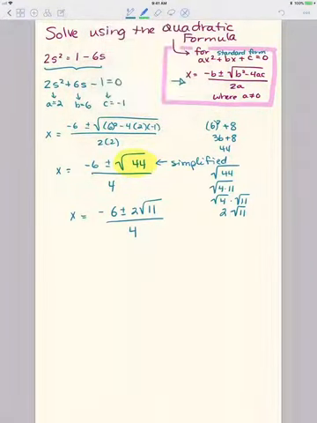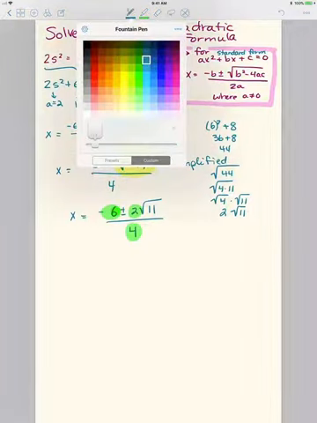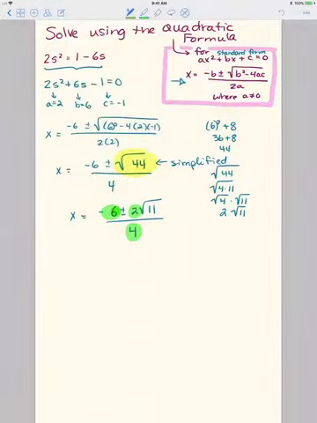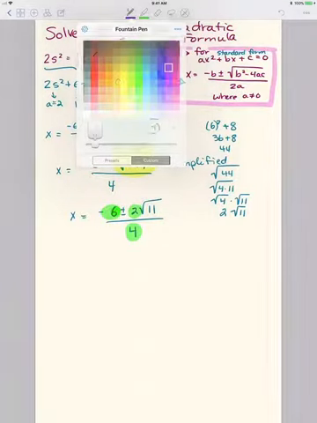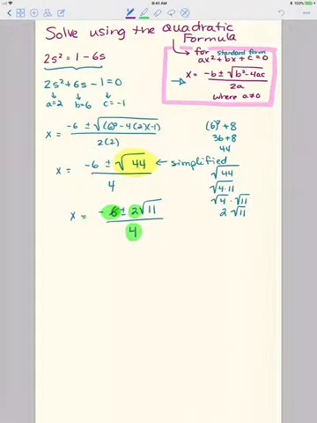So if you look at this negative 6, this 2, and this 4, you can't do anything with the square root of 11. Every single one of those will divide by 2. Or you can divide out a 2, however you want to think about it. So this becomes 3, this becomes 1, this becomes 2. And what you're left with is negative 3 plus or minus the square root of 11. Don't write the 1 in front of it. Over 2, which does give you 2 answers.